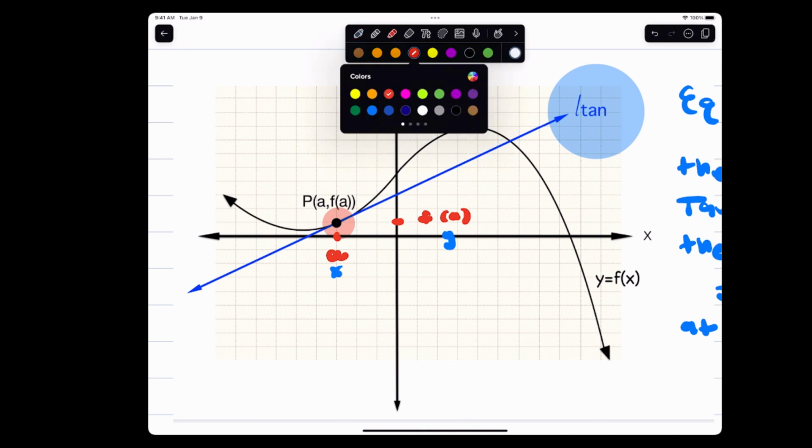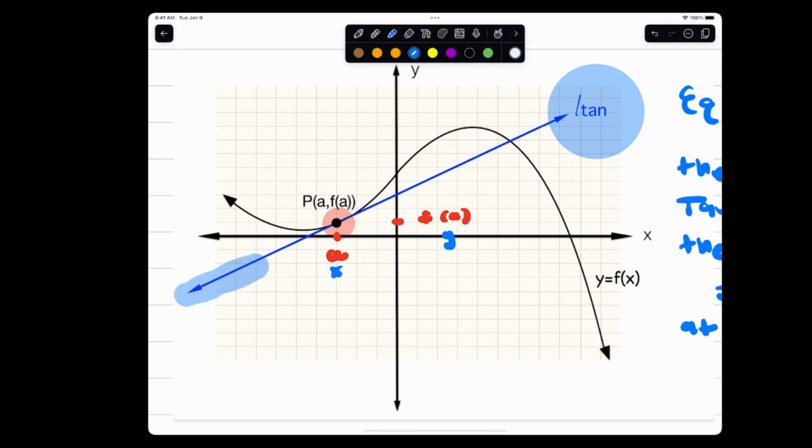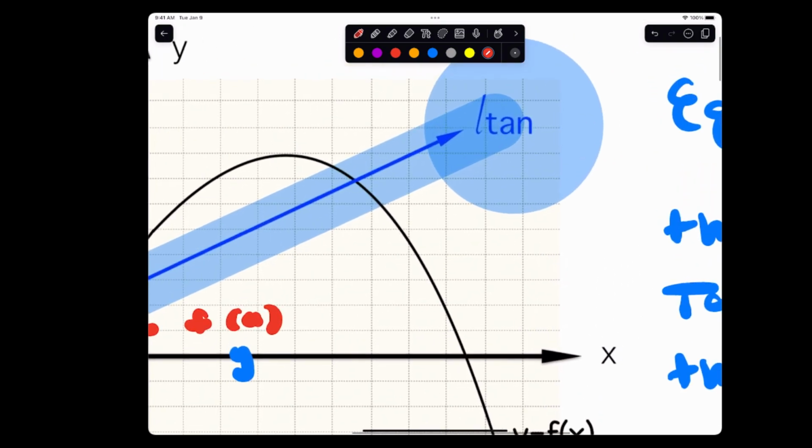Let's ask you guys this question, okay? This blue line, what kind of line is that? Well, yeah, good. It's a straight line, but what I'm really looking for is the idea that this L tangent that we have here is a linear equation, okay?